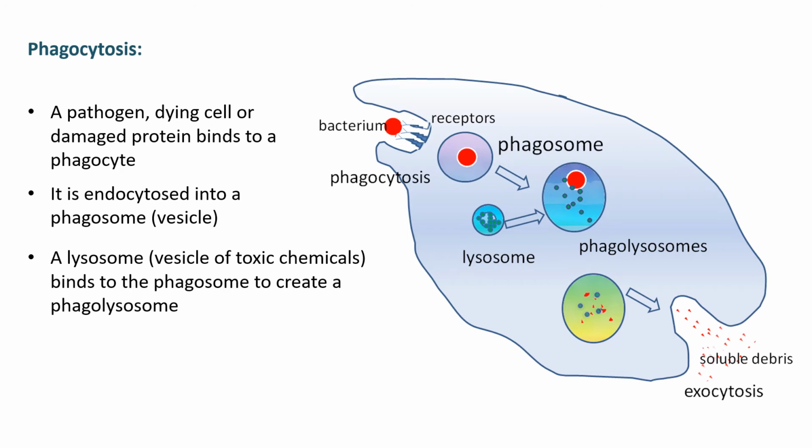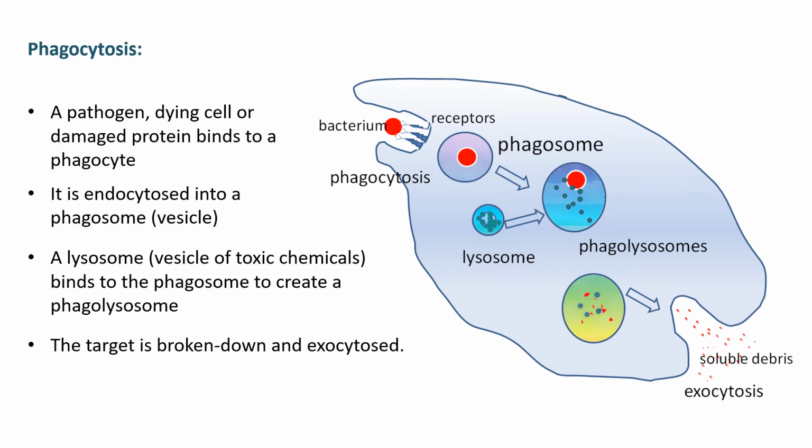A lysosome is a bit like the stomach of a cell. It's full of toxic chemicals, enzymes that break down proteins and different things. So it's a vesicle of toxic chemicals. That lysosome fuses with the phagosome to become a phagolysosome, and the toxic chemicals break down the contents of the phagosome, the target, in other words.